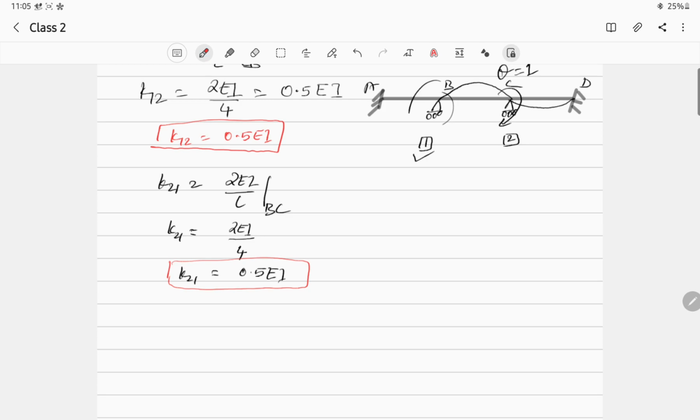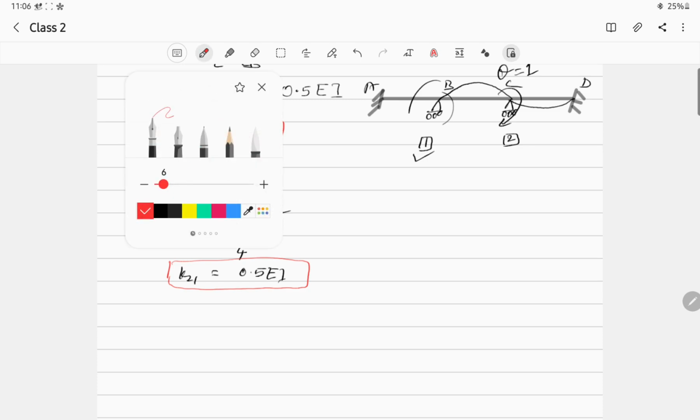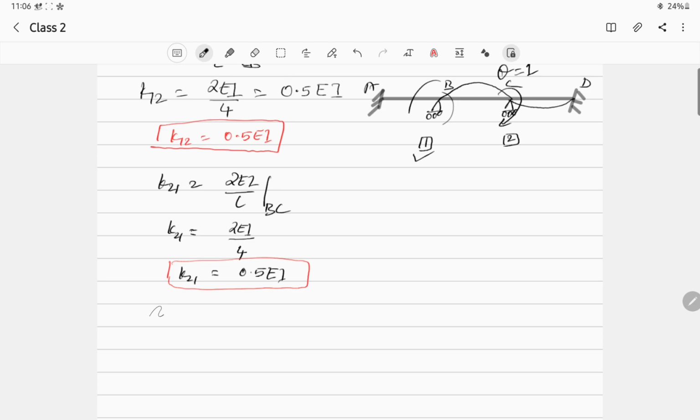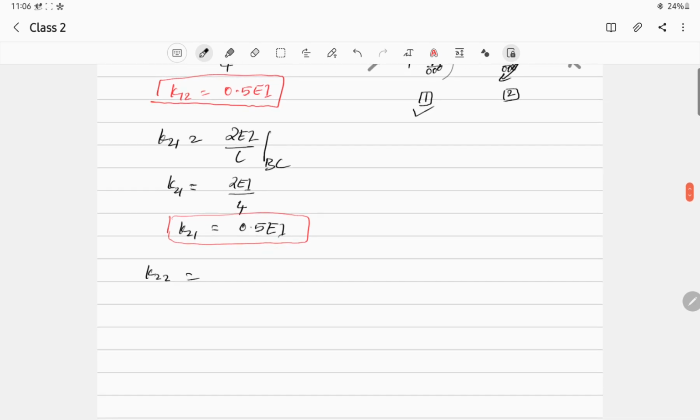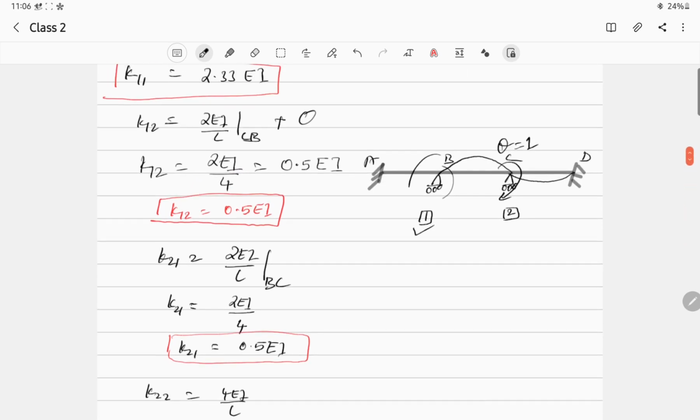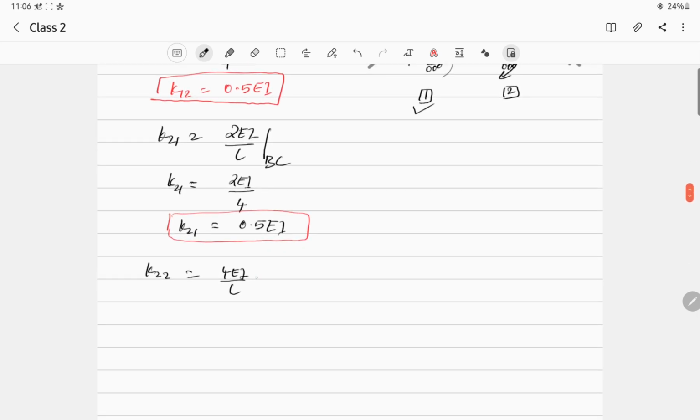Next, we will calculate K22. K22 is equal to, once you are rotating that one, the same as what happened in the previous case: 4EI by L for span CB plus 4EI by L for span CD.